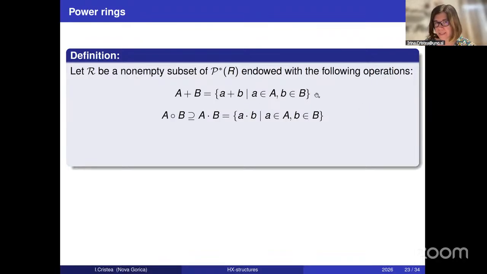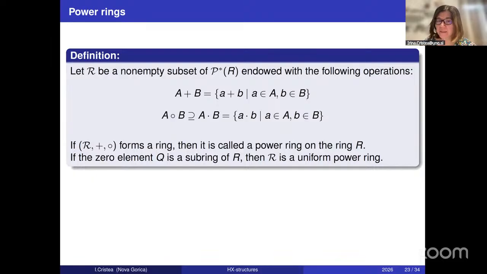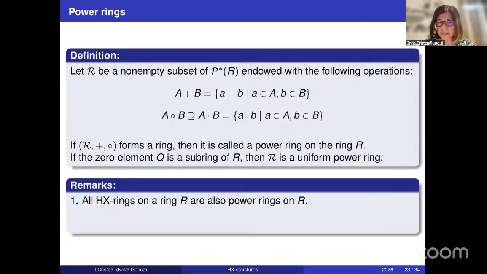The addition remains the same, so A plus B is the set of the elements A plus B. But the multiplication is the set containing the multiplication of the two elements A and B. And if R with the two new operations forms a ring, then it is called a power ring on the initial ring R. If the zero element is a subring of R, then it is a uniform power ring.